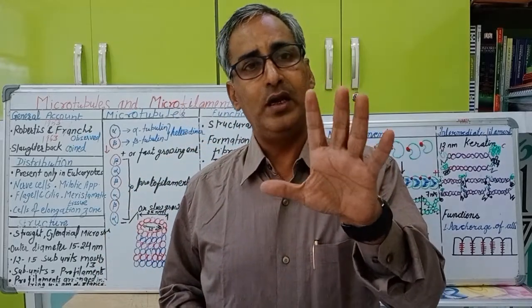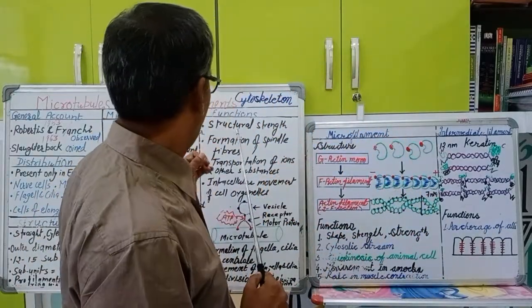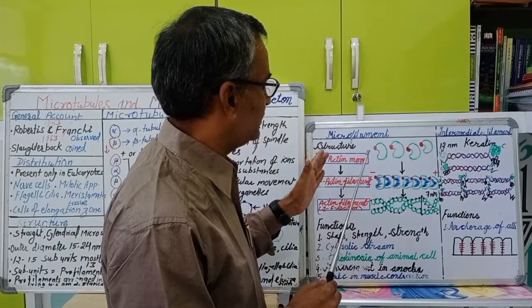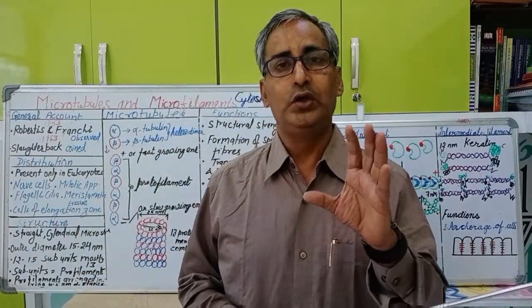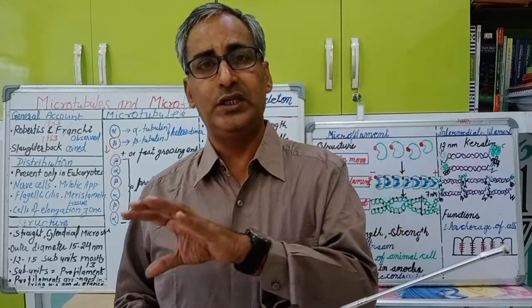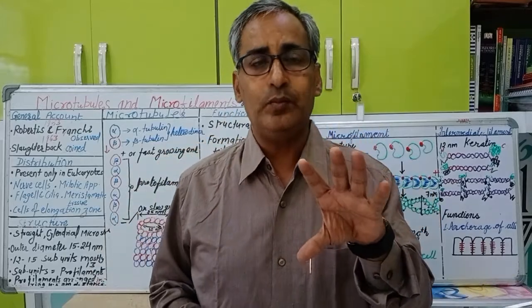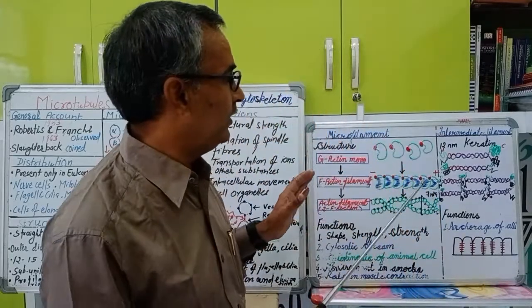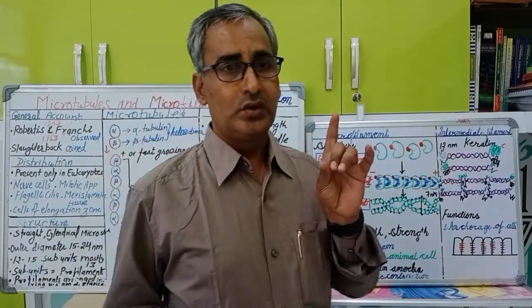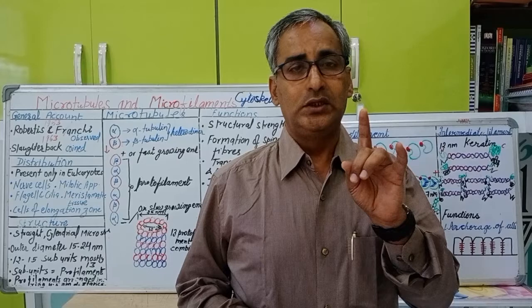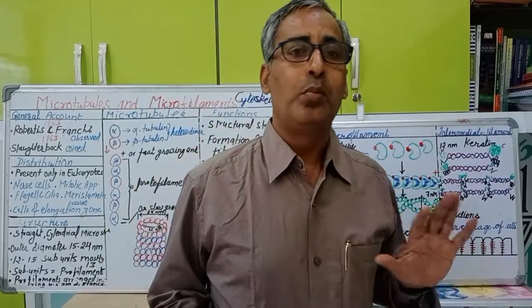Another difference is that microtubules and microfilaments have sites for the attachment of nucleotides: in microtubules GTP is attached, in microfilaments ATP is attached, while in intermediate filaments no such positions are present. The third difference is that intermediate filaments do not have structural polarity.